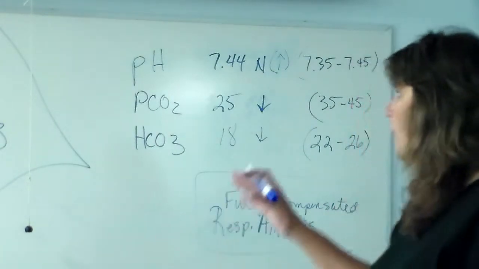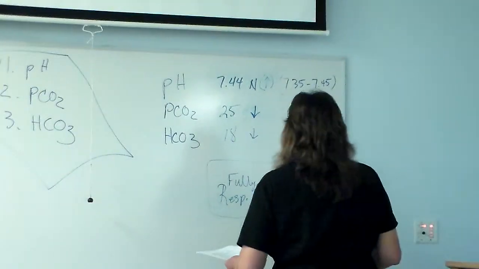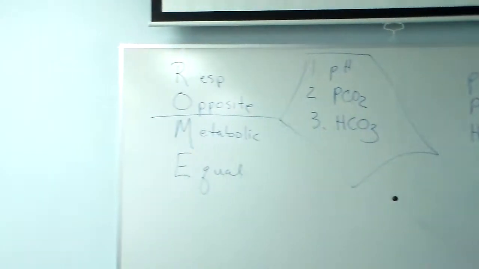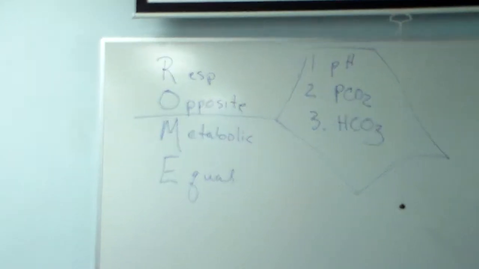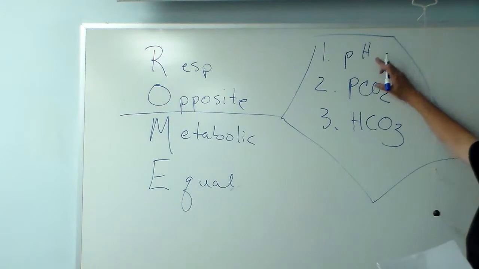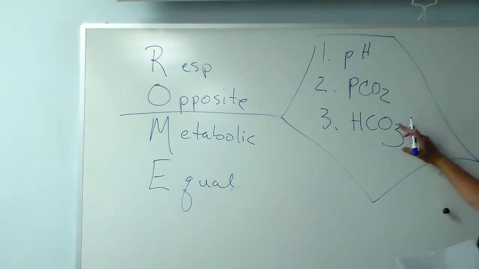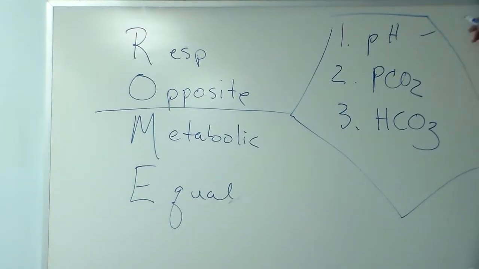Honestly, the acronym, you have to know: respiratory opposite, metabolic equal, and you always look at the compensatories as they happen in time. Your pH will tell you what it is.